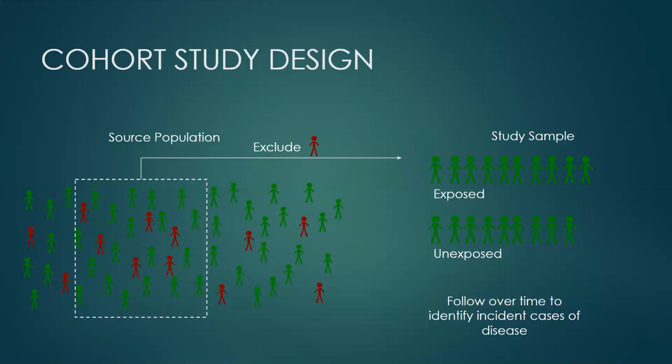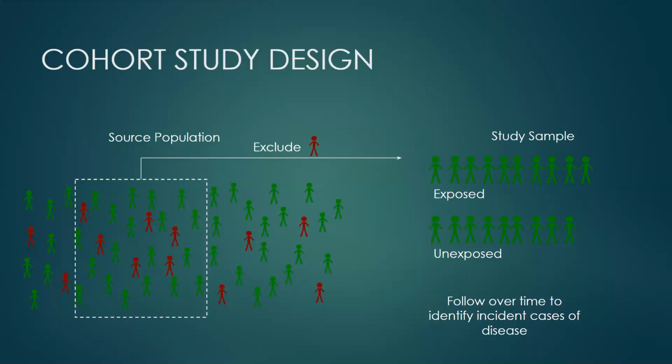It is also possible to do a retrospective cohort study. So this would require that you have some kind of records available, typically medical records or maybe employment records, something along those lines, where you could essentially reconstruct a cohort study by going back in time. So the design is the same.